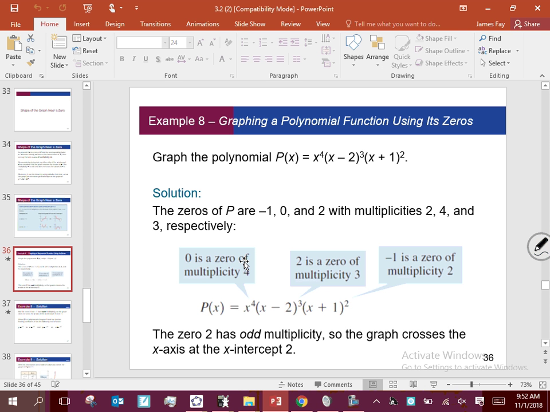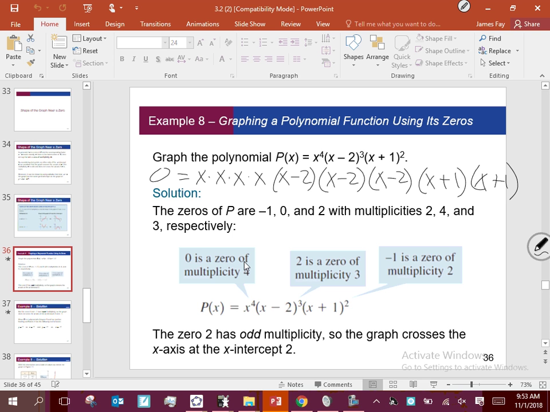If I were to rewrite this in a lengthy, maybe somewhat unintelligent way, and I ask you, what are your zeros? Are all of those things being multiplied together?